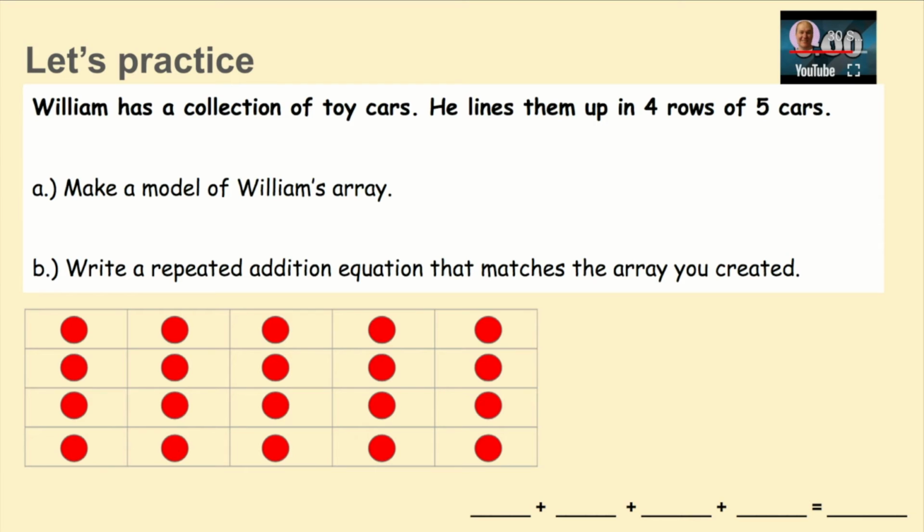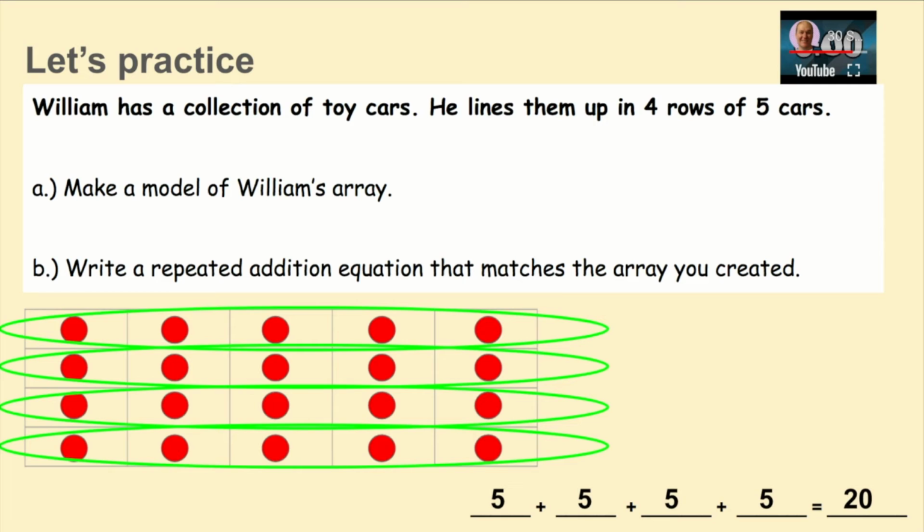According to the word problem and our array, William has 5 cars in each row. Therefore, the repeated addition equation will be 5 plus 5 plus 5 plus 5, and we know that equals 20.